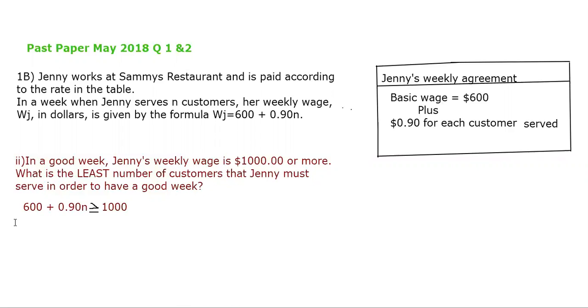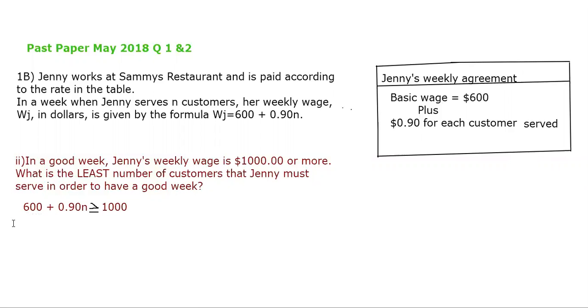If you say equal to 1,000, you would be saying that $2,000 is not good because it's not 1,000. So once it is greater than 1,000 or 1,000, or at least 1,000, that is greater than or equal to 1,000. That is how we get that.